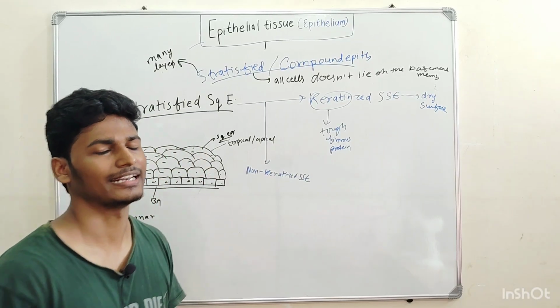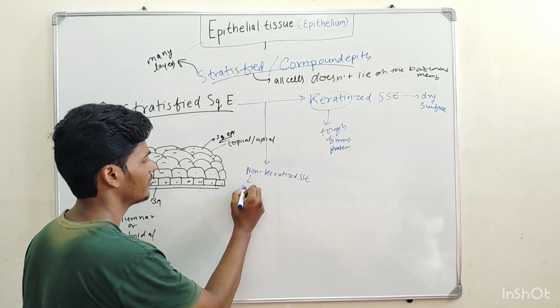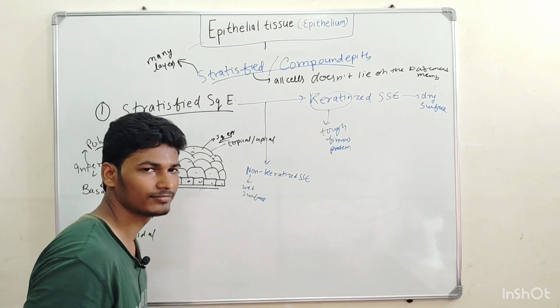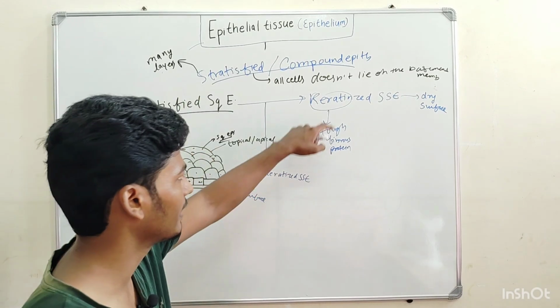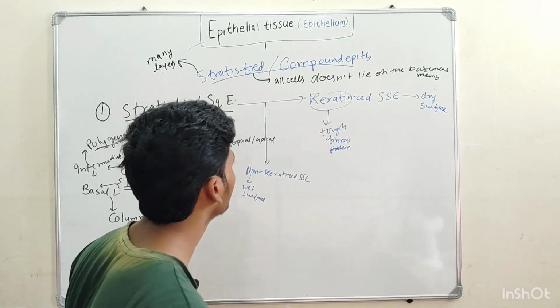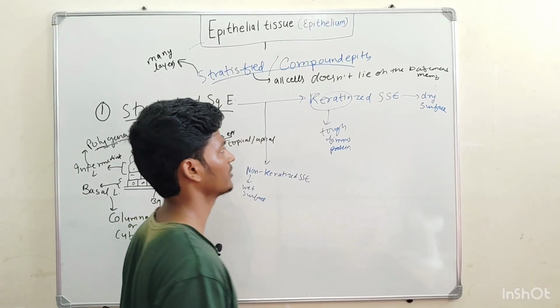And the non-keratinized squamous epithelium is present on wet surfaces, meaning it lines your body inside, and keratinized lines your body from outside. So let's talk about the examples.